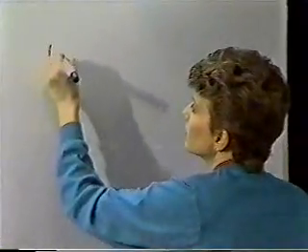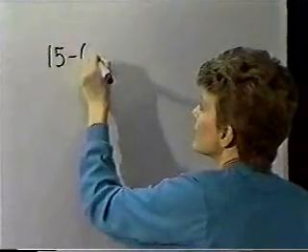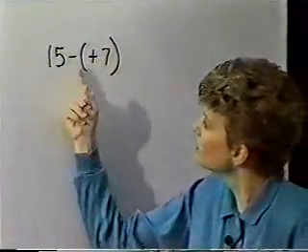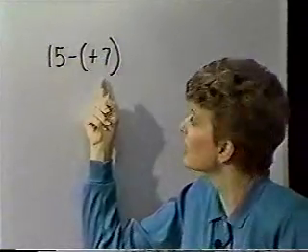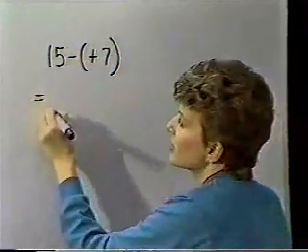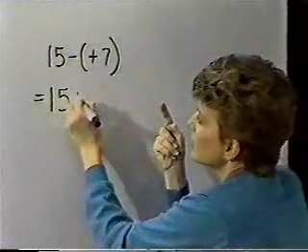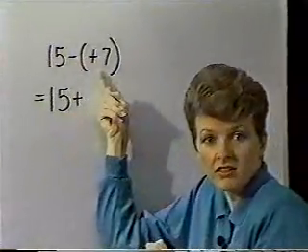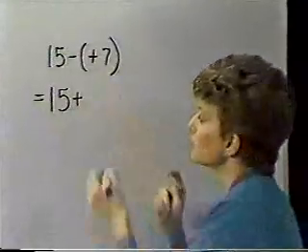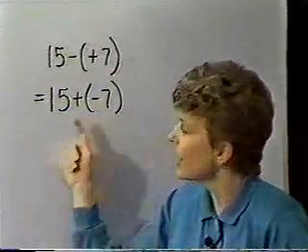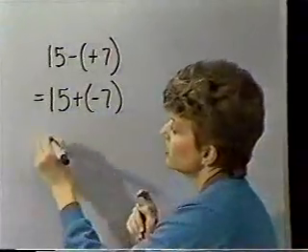What about 15 minus a positive 7? Subtracting is the same as adding the opposite. So the opposite of a positive 7 would be a negative 7. And now we can use our rules for addition.